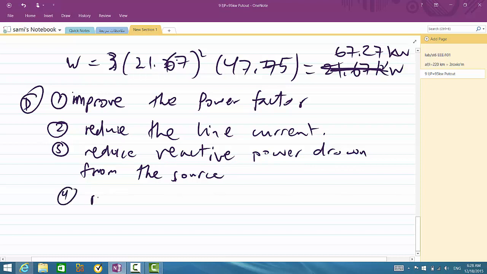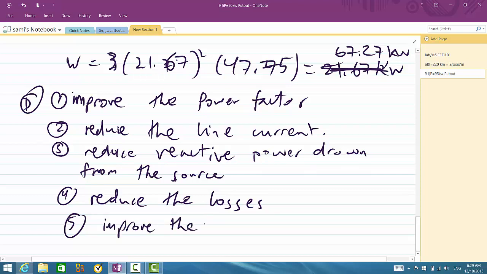And number 4, this will reduce the losses. And finally, improve the voltage regulation.